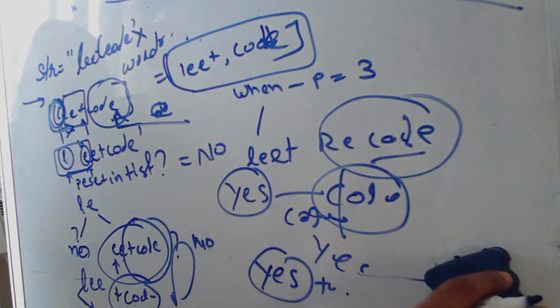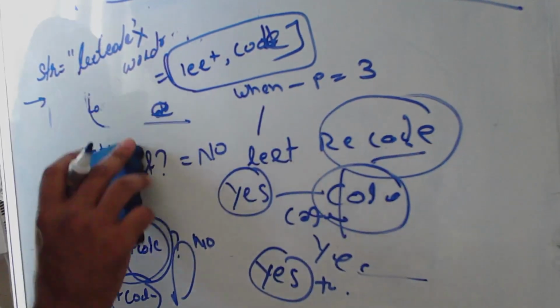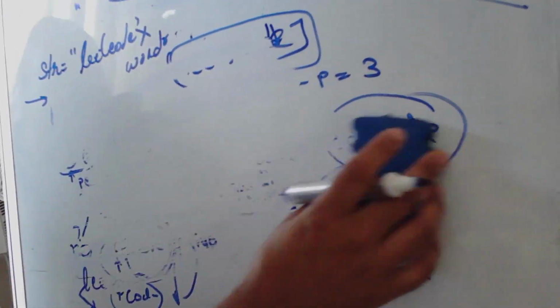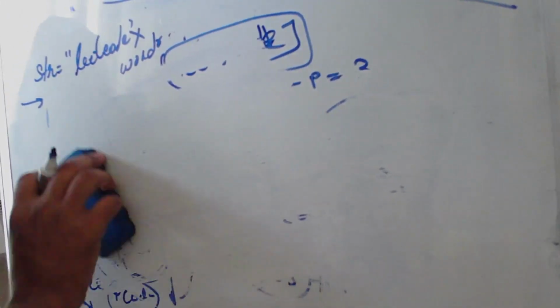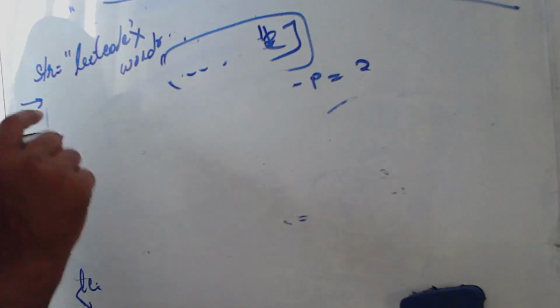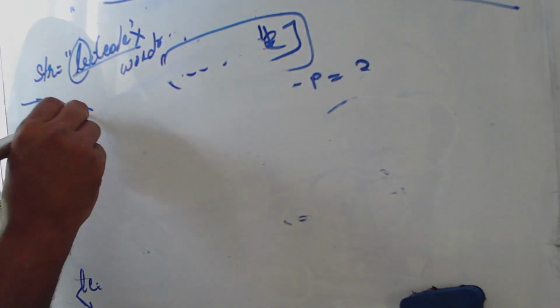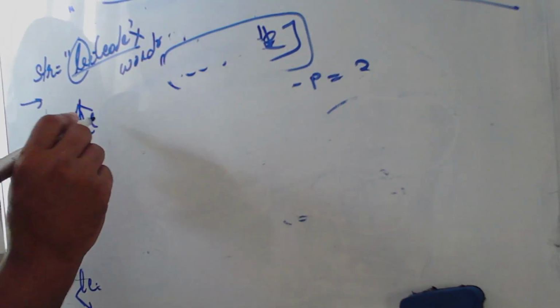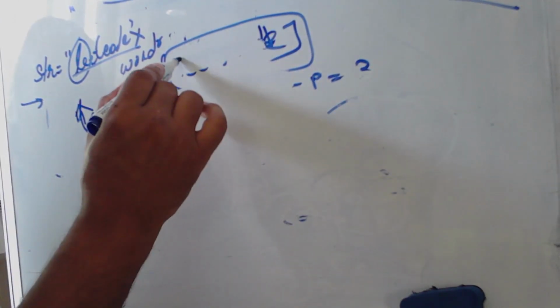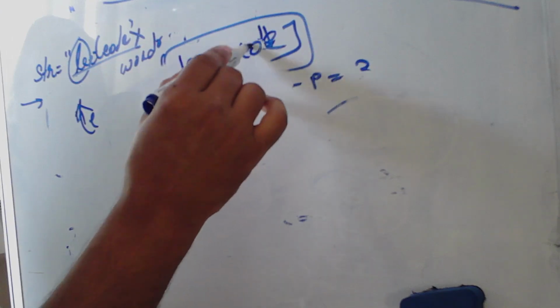So the concept is that we are taking every letter from the given string and running the function to check if it is present in our dictionary.